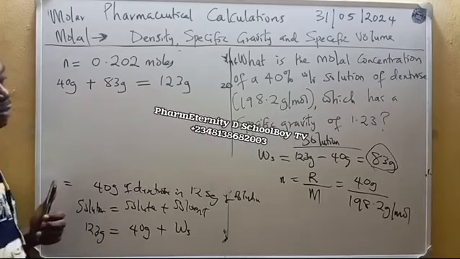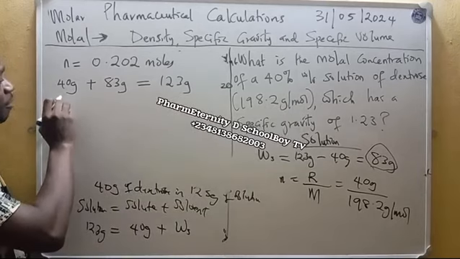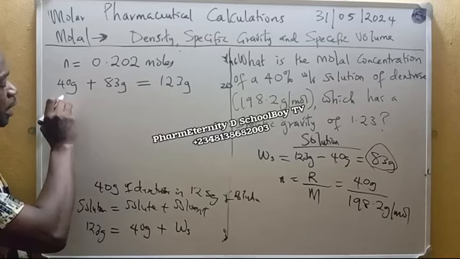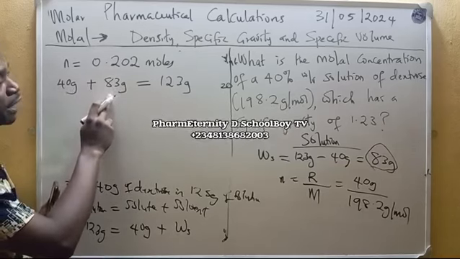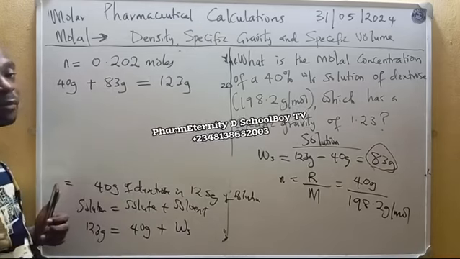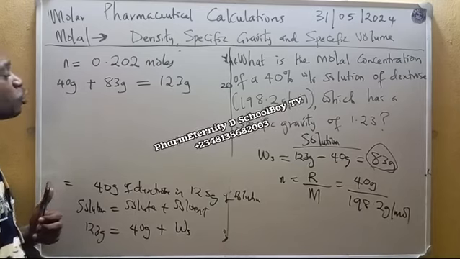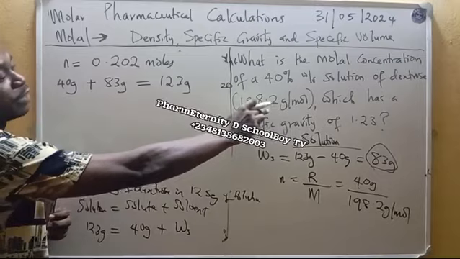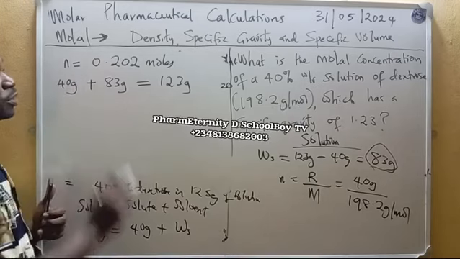This is what happened: 40 grams of dextrose was dissolved in 83 grams of water to give us 123 grams of dextrose solution. But we have used the molar mass of dextrose to move the amount of this dextrose itself to 0.202 moles.